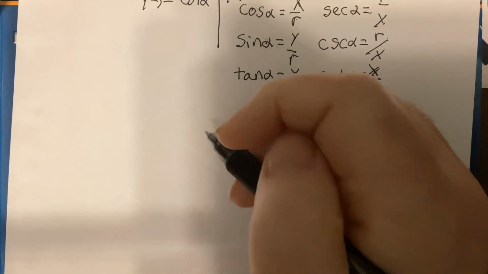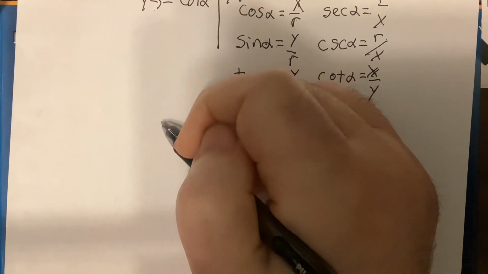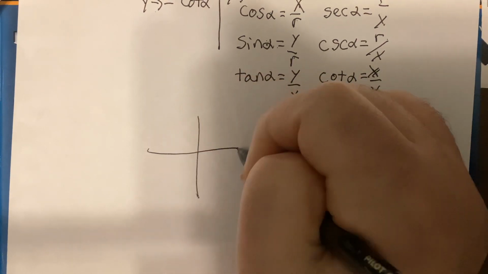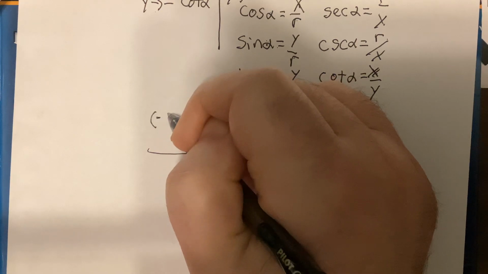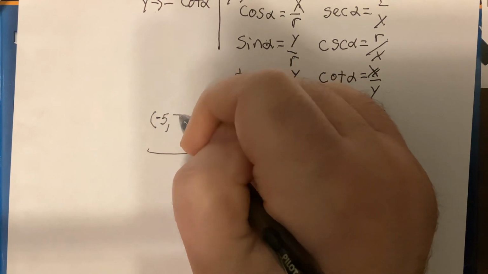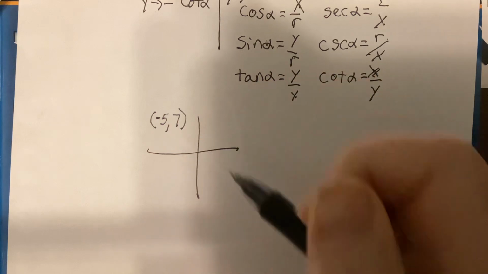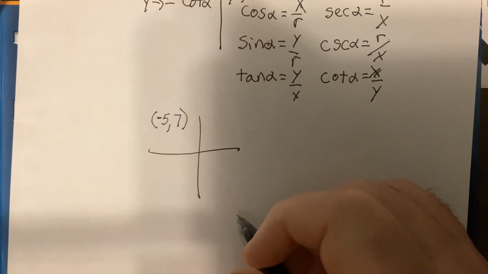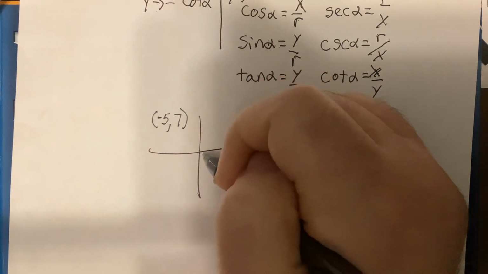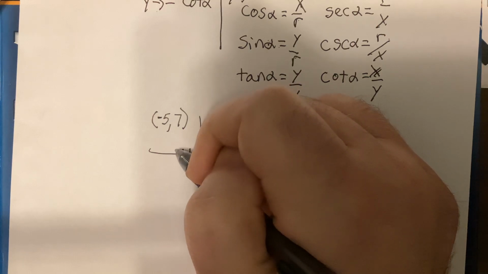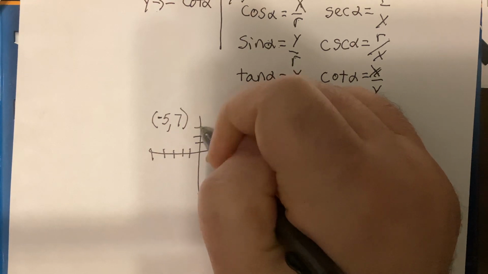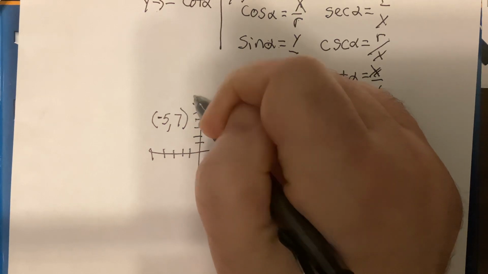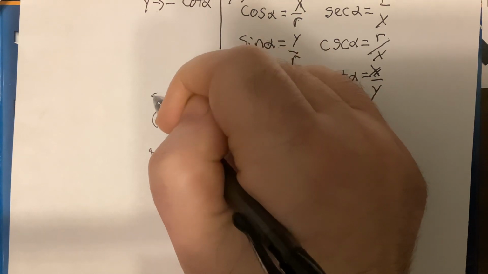So let's say I have a point. Let's say I have negative 5, 7. How can I find the trig functions? Well, negative 5, 7, let's see, 1, 2, 3, 4, 5. 1, 2, 3, 4, 5, 6, 7. So that would be right here.